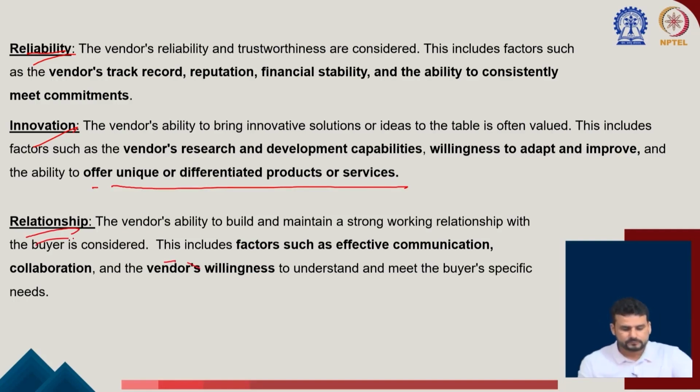Relationship means the effective communication, transparency, collaboration you are maintaining with your vendors, right. That will only happen when you are clearly providing your vendors the feedback and giving them the improvement measures where they can improve. During my industry experience, whenever any manufacturer is coming up with a new product or services, many times when you start purchasing the raw material to make the finished good, very important feedback comes from the vendor side.